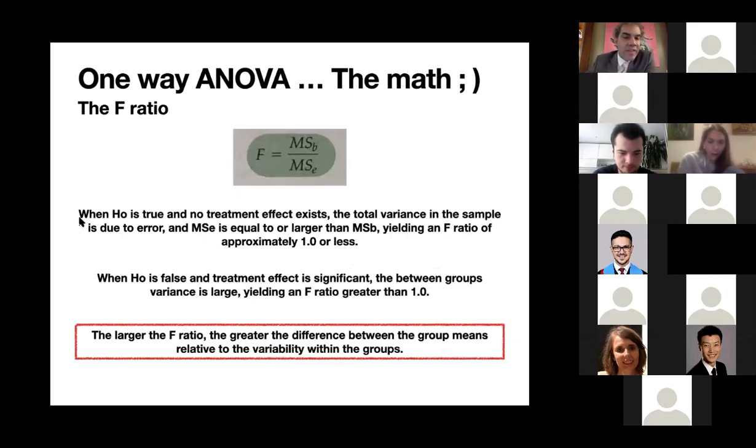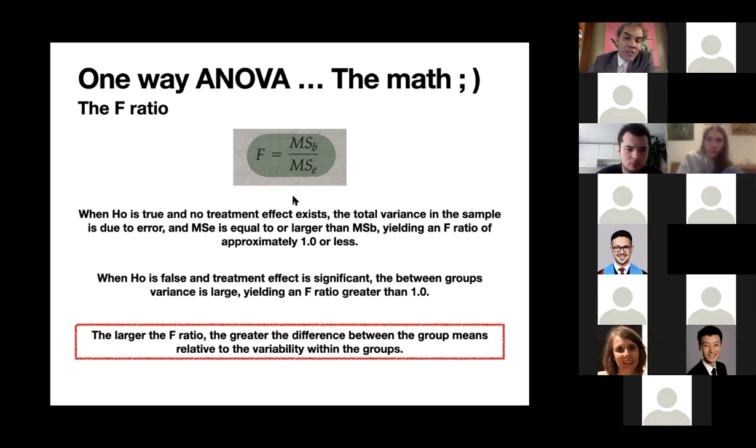Here I say, when the null hypothesis is true and no treatment effect exists, the total variance in the sample is due to error, and the mean square of the within group is equal to or larger than the mean square of the between groups, yielding an F ratio of approximately 1 or less.